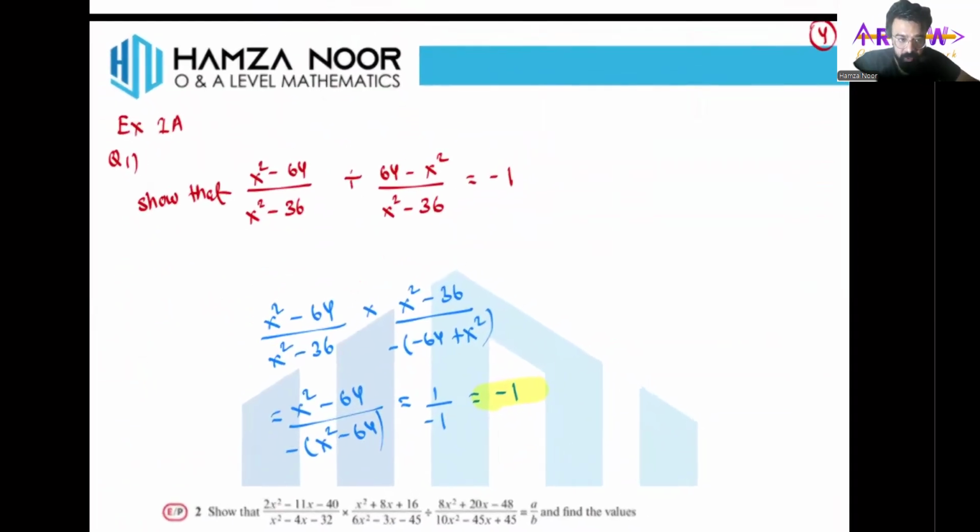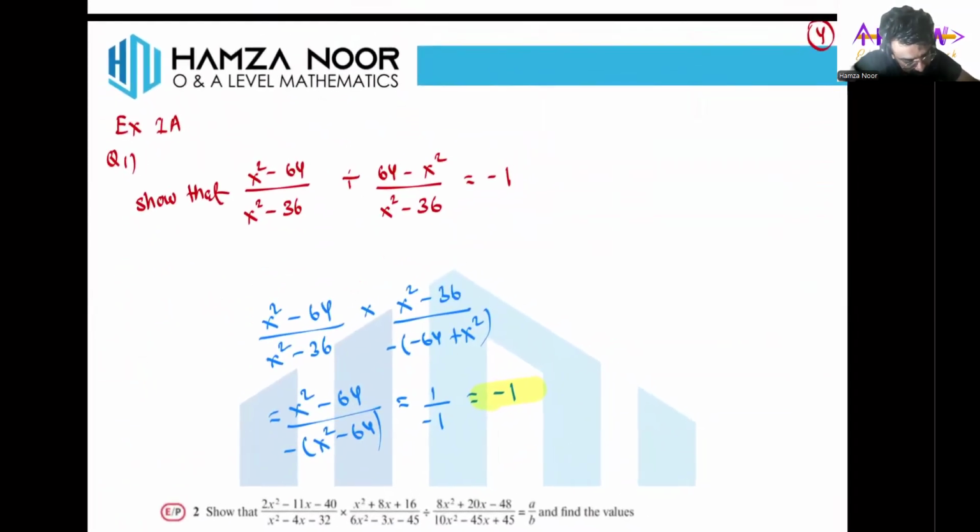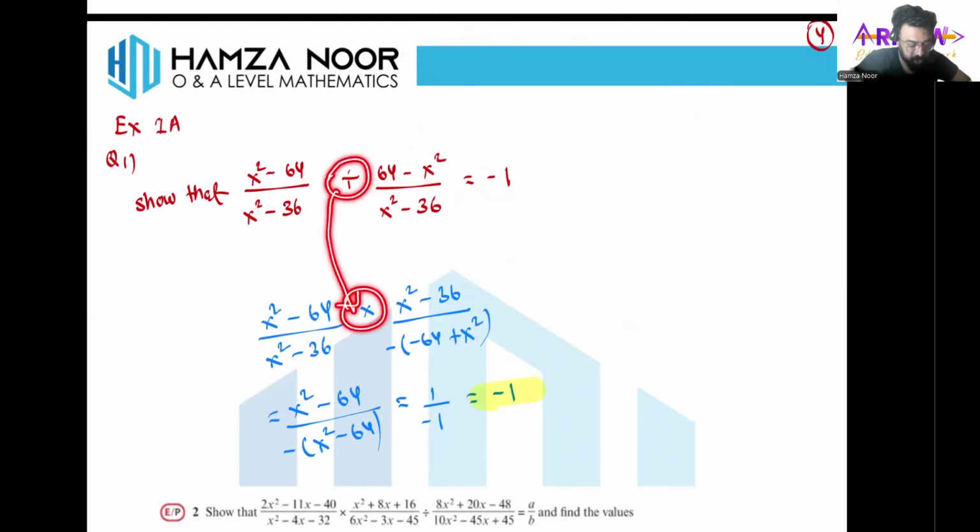The question is saying: show that (x² − 64)/(x² − 36), when this fraction is divided by (64 − x²)/(x² − 36), this whole thing is equal to −1. First things first, this will be converted into a multiplication sign and the second fraction will be reciprocated.